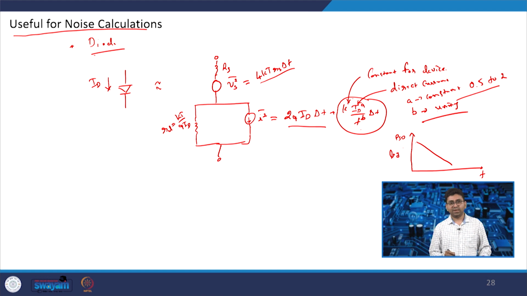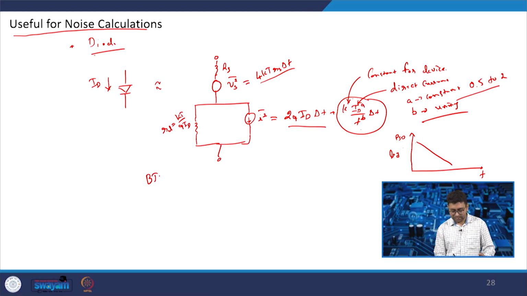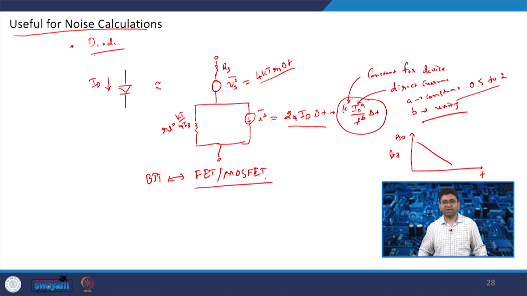We have already discussed the noise calculation of the diode. In the next class we will discuss BJT and FET or MOSFET, which are widely used components in RF systems.